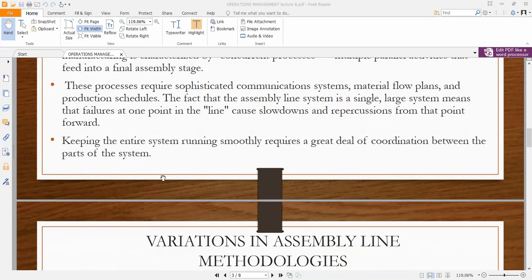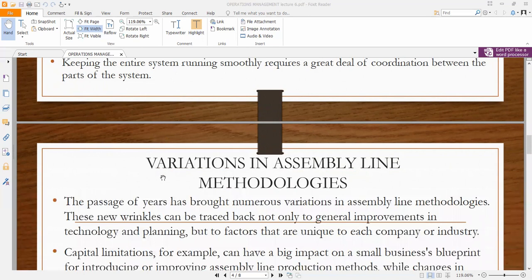As they coordinate together, their aim is to reach the final destination, which is the target. Now, there are variations in the assembly line methodology. By definition, a methodology is an inquiry, an investigation, a principle of investigation. Here we are talking about using a unique strategy for your business to manufacture your product.